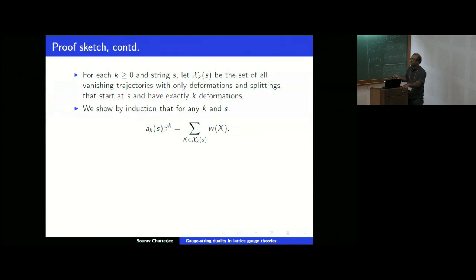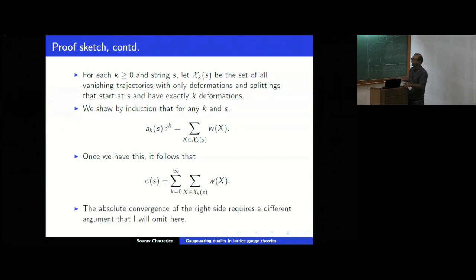So you can show by induction that this identity holds, using the definition of a_k and the definition of the weights. It's all this two-way induction. And as soon as we have this, it follows that you have this identity. The absolute convergence requires a different argument, so I'll omit that here. It's basically the same.